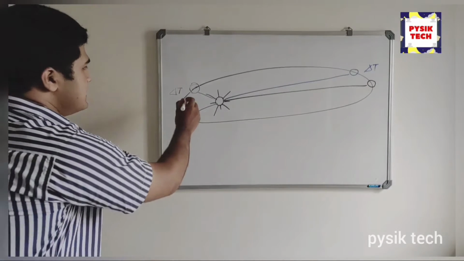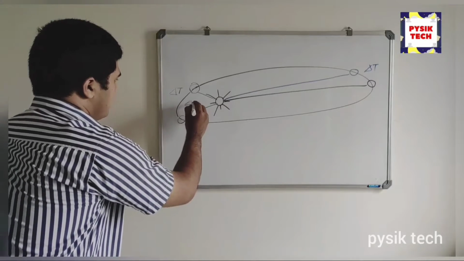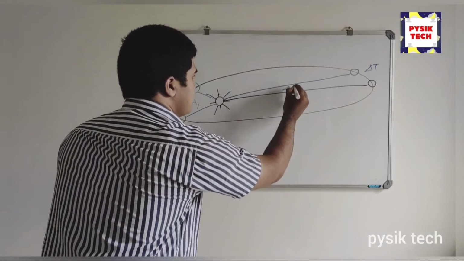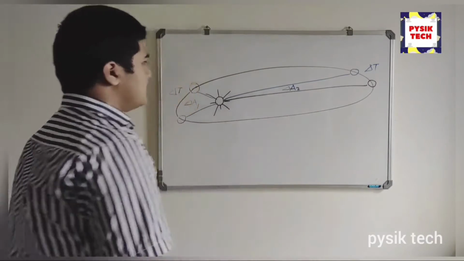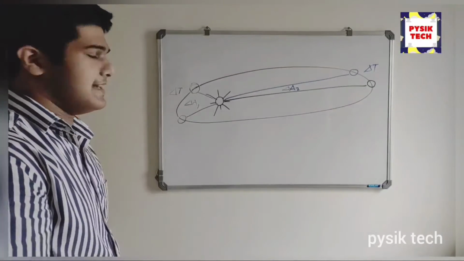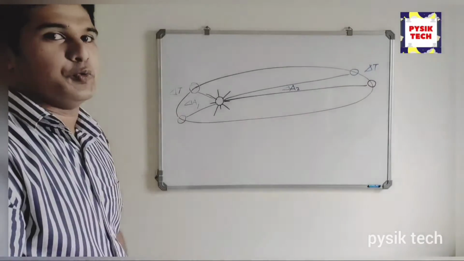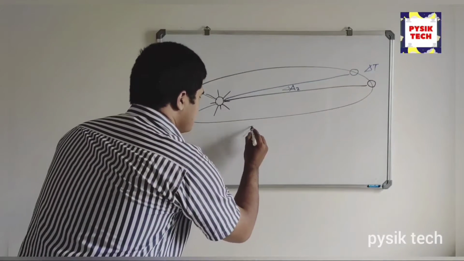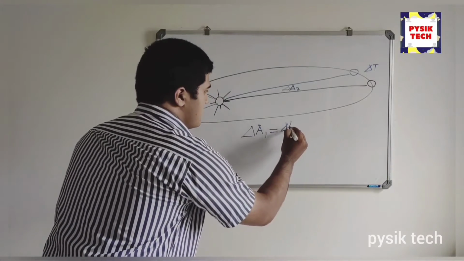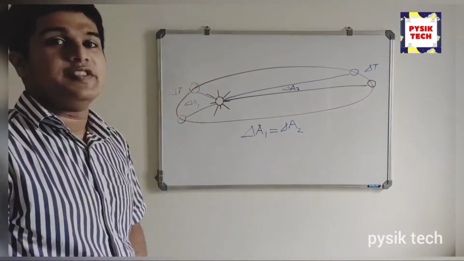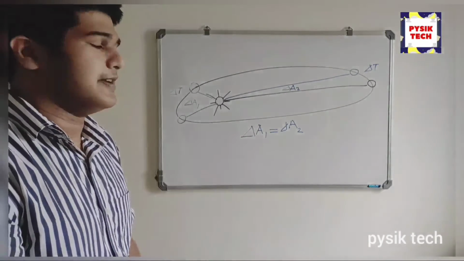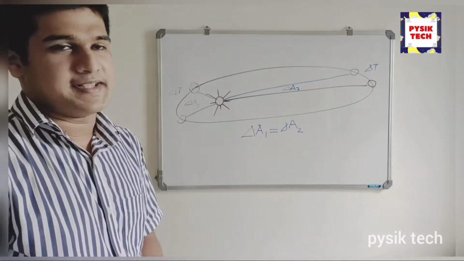If we calculate this area delta A1 and delta A2, then we can get a relation between delta A1 and delta A2. Delta A1 is equal to delta A2, which means that these areas are the same at a particular time difference.